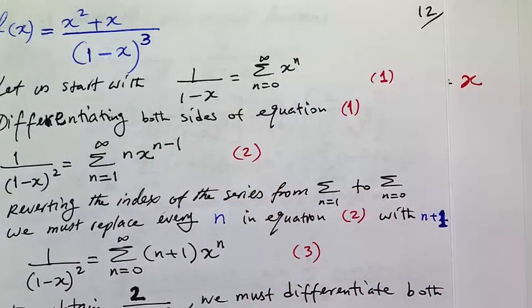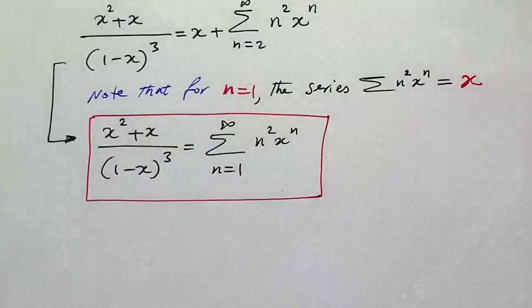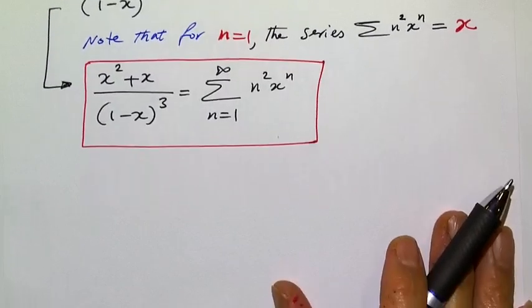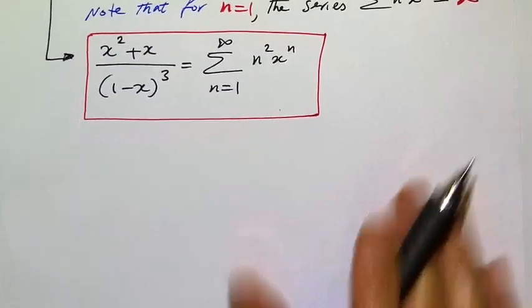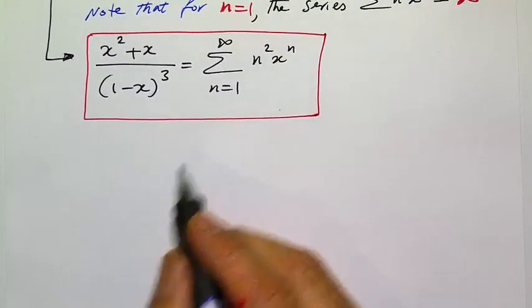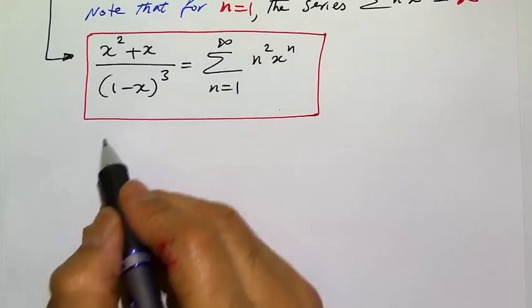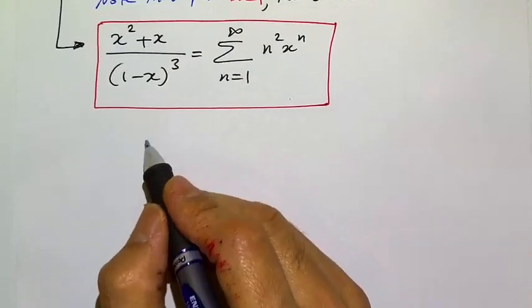Now that theorem that we have tells us that the radius of convergence does not change through all of this work that we did. So therefore, we can say that, let me write a short note here.